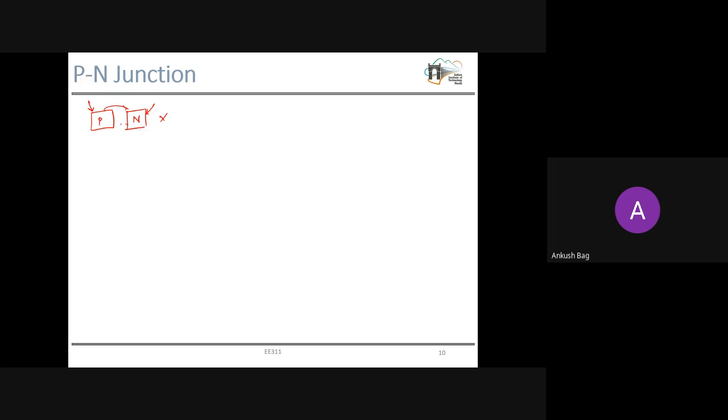Now, to get this PN junction, it is not that we take one p-type semiconductor and another n-type semiconductor, simply connect them together and get a PN junction. This is not the case. In some emerging materials or devices, sometimes we need to form a PN junction like this.